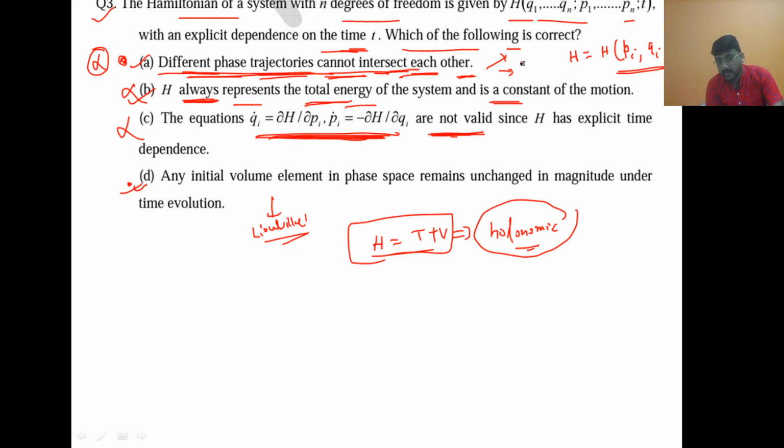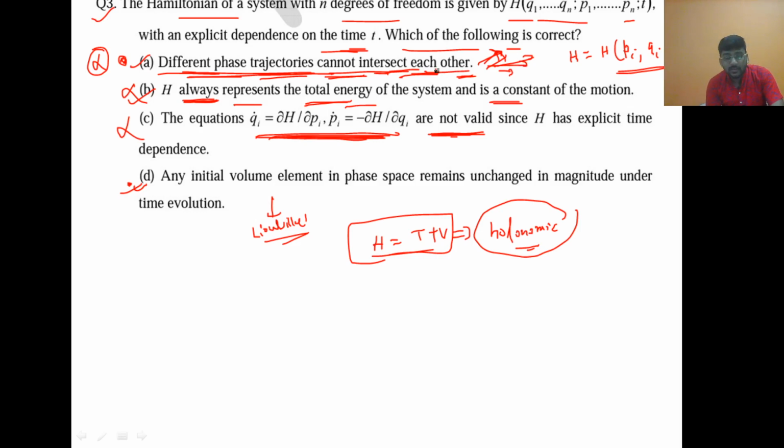If we draw a phase trajectory, then it cannot intersect itself, that is what it means. But actually there are some cases in phase space dynamics where sometimes the trajectories do intersect, okay. So this is not the general statement.